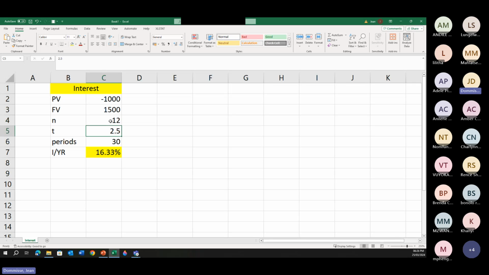If it was, say, 5 years instead of 2.5, then again it will have an impact. So please play around with this. Again, if you get different present values and future values, you can also put them into this formula.